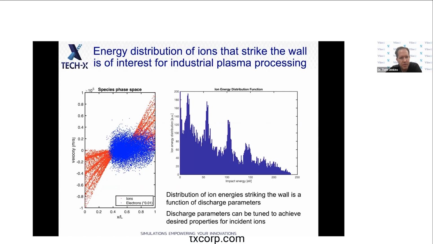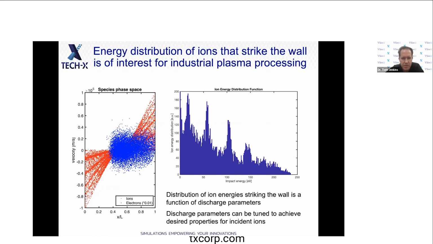This is, in some sense, the plot of interest for you if you were looking to do plasma processing with the CCP discharge. We can see that we have various spikes in the impact energy. We have a pretty broad distribution of impact energies on the wall. And for a given plasma process, that may or may not be what we want.